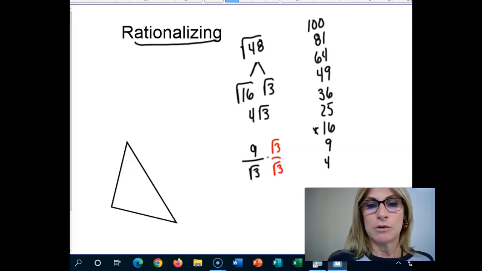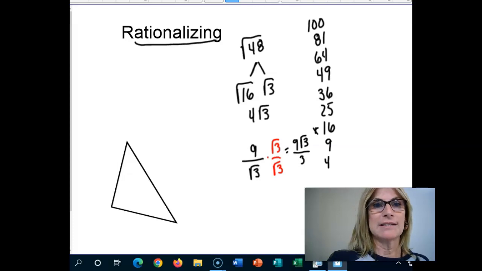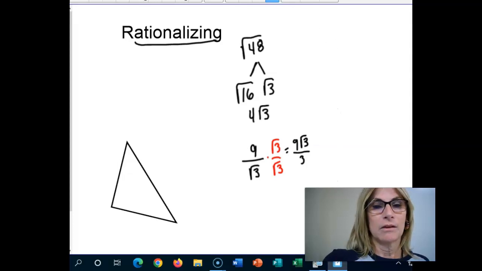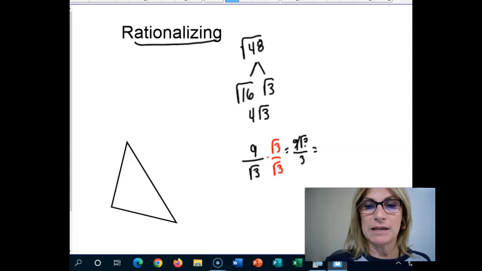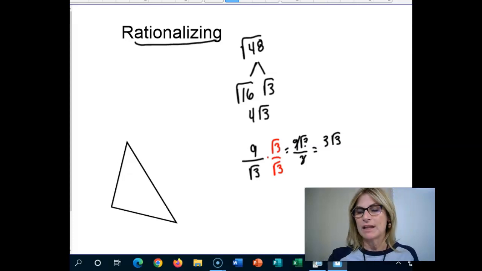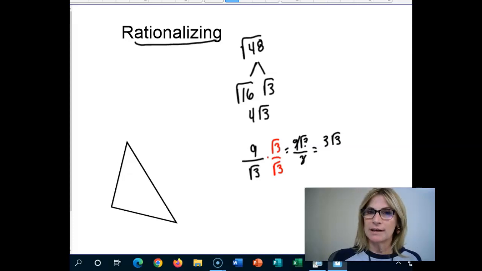So 9 times root 3, 9 root 3, and then root 3 times root 3 is root 9, which is just plain old 3. Oops, I ran out of space. So then we can simplify that to just be 3 root 3. Lots of folks hate rationalizing and don't like perfect squares. That's okay. It will be fine.